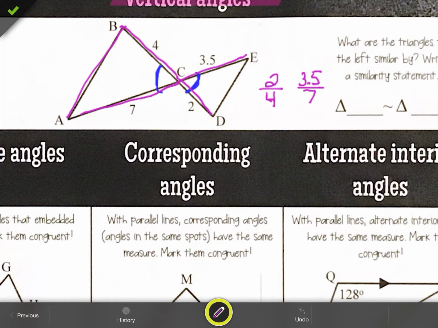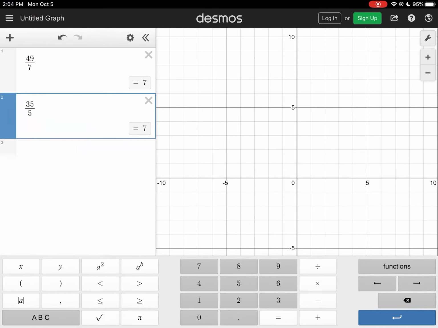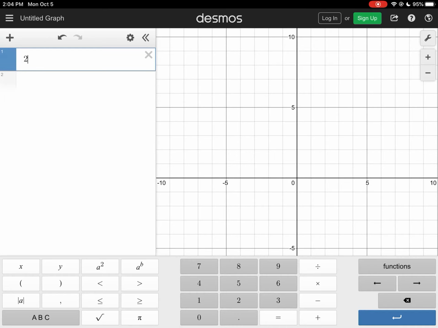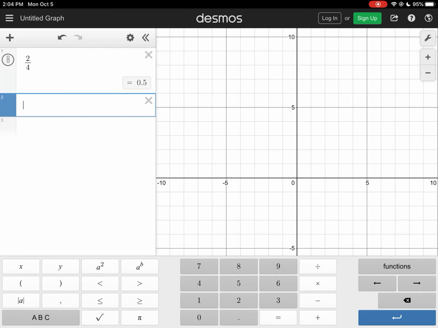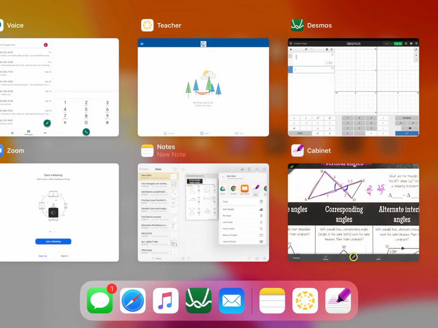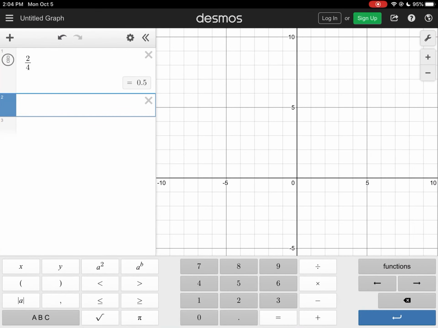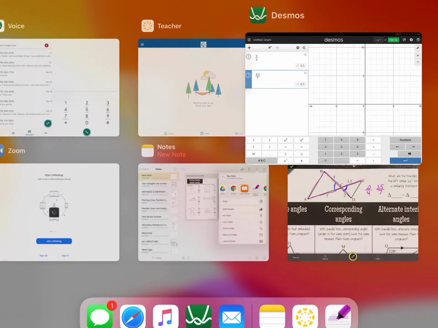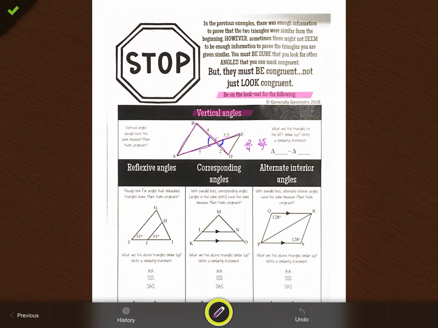Now I have to check and see if they have the same scale factor. So again, don't just assume. Okay, check. Takes 2 seconds. 2 over 4. Oh, that's 0.5. Okay, again, if you forget like I do, 3.5 divided by 7. Oh, that's 0.5. Do they have the same scale factor?